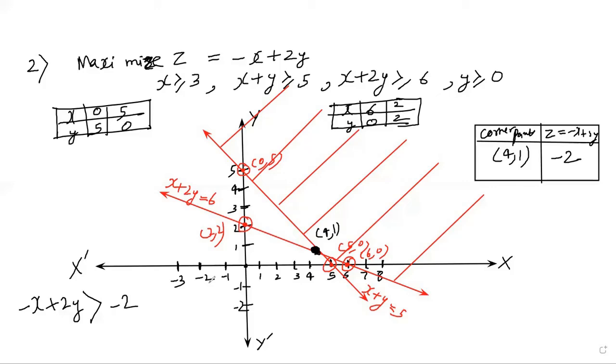If the question is a maximizing problem, you first write the linear function, then write greater than, and after that write the maximum value that you're getting. In this case, we're getting -2. So we get the inequality minus x plus 2y greater than -2. Now plot this line. If you plot this equation, let's see the table.